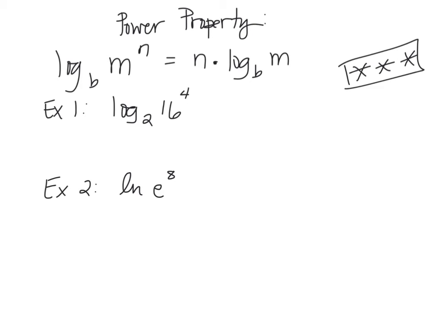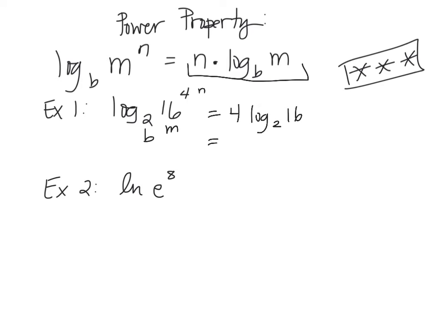So if we look at the first problem, we have log base 2 of 16 to the 4th power. Again, this is our b, this is our m, this is our n. So we're just going to rewrite it how we see it on this side. So n is 4, and then everything else pretty much stays the same.